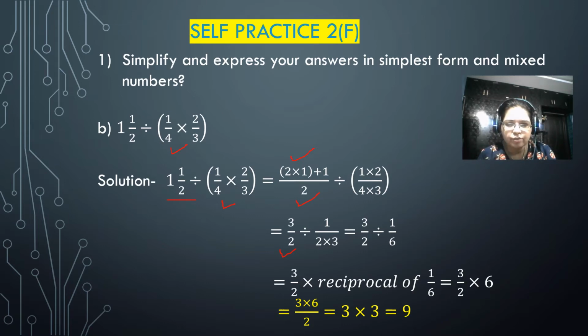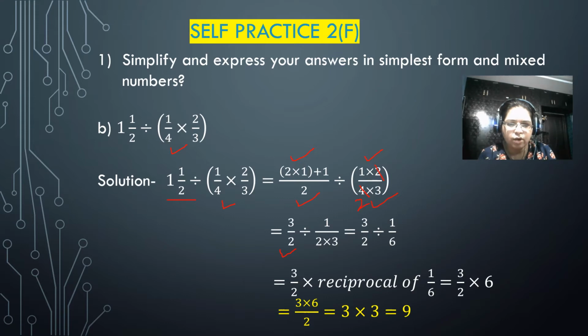Multiplication of fractions equal to product of numerators divided by product of denominators. So product of numerators is 1 multiplied with 2, and 4 multiplied with 3 is product of denominators. Now we cancel 2 with 4. 2 multiplied with 2 is 4.